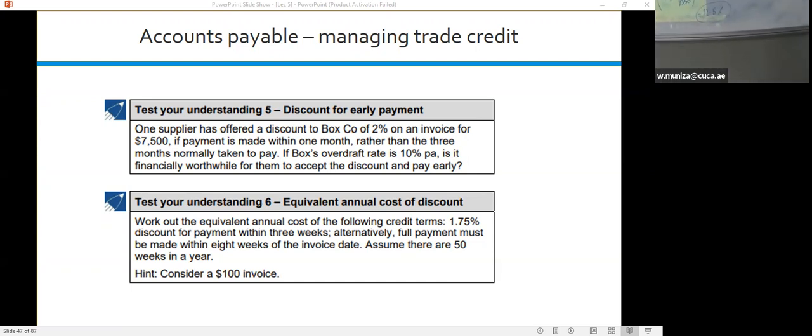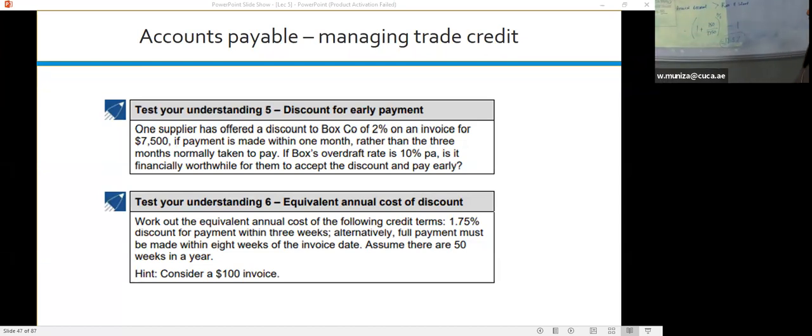Even if you are not using 100, you can just take the percentages as well. Discount is 1.75%, so the remaining 98.25 is the amount left to pay.